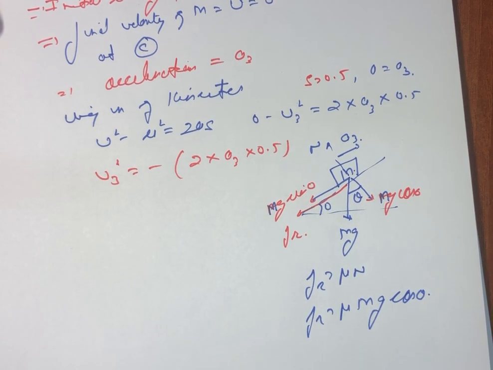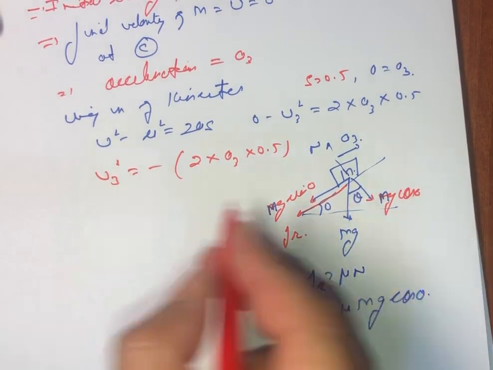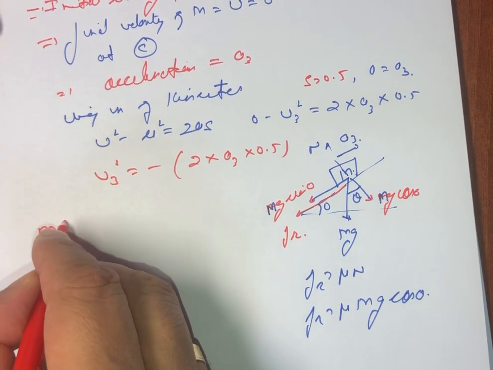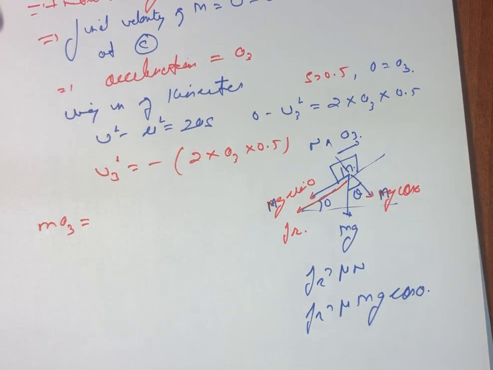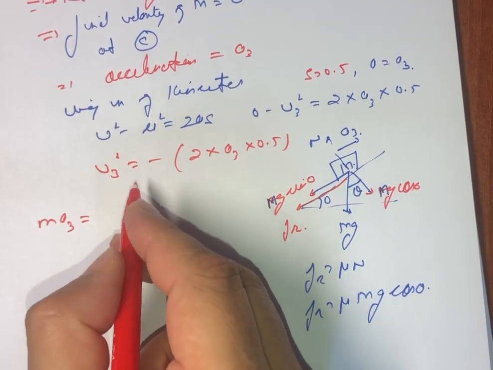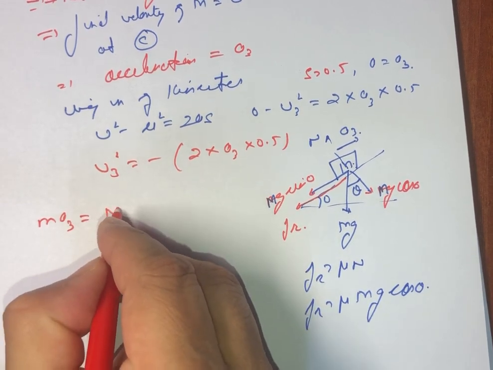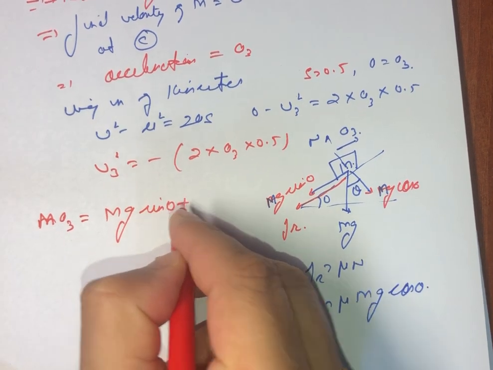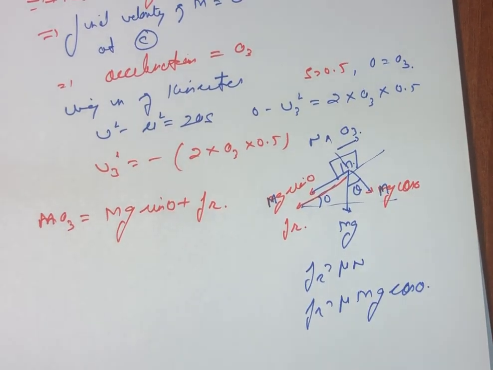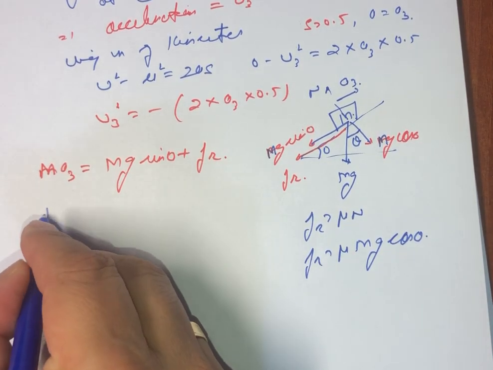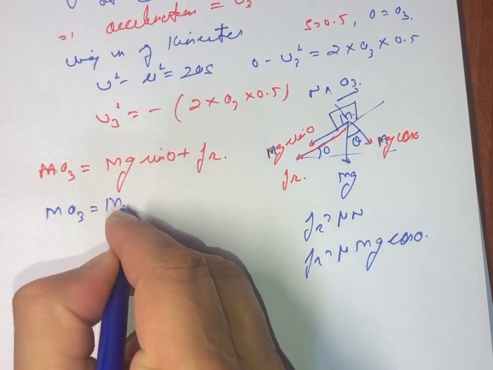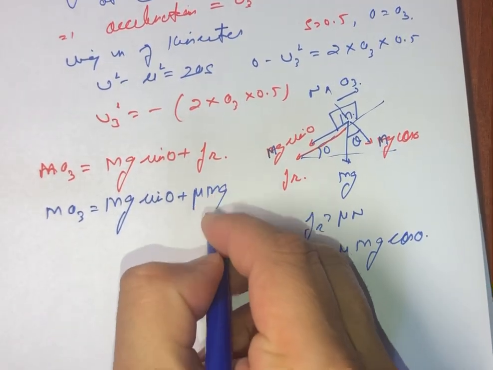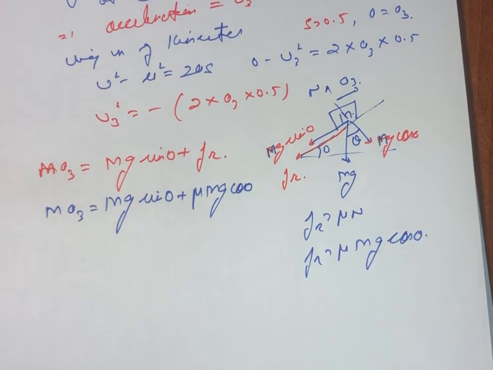So we can write the equation as M A3 is equal to, sorry, capital M g sine theta plus Fr. Substitute the value of Fr, we get M A3 equals M g sine theta plus mu M g cos of theta.